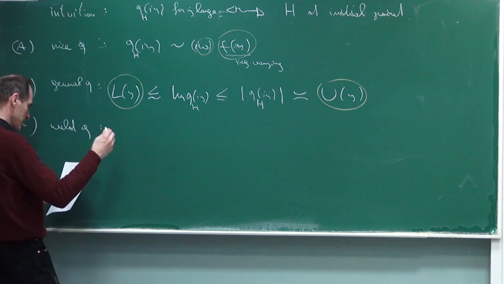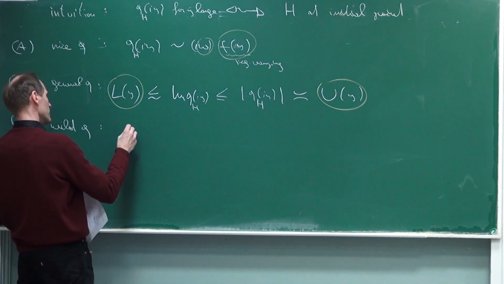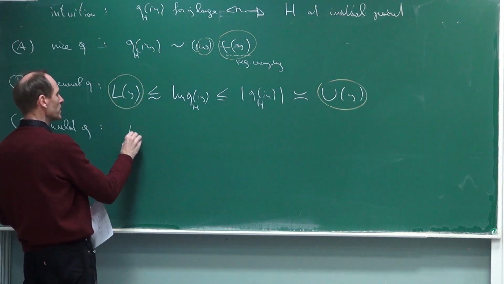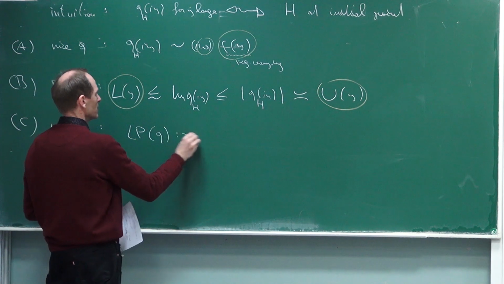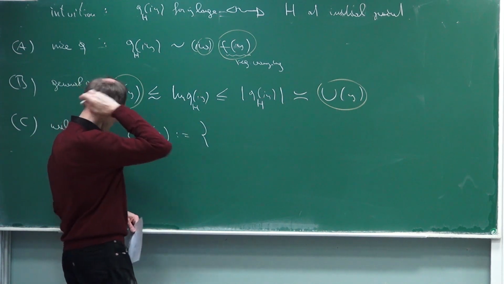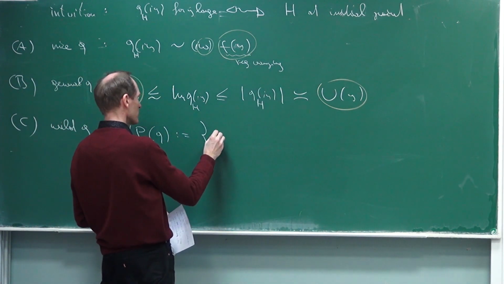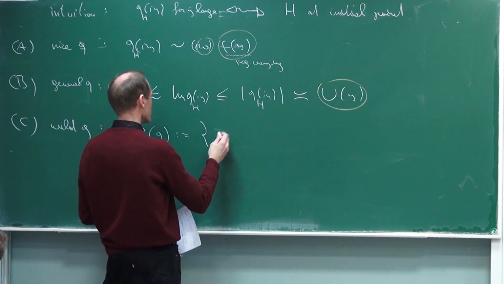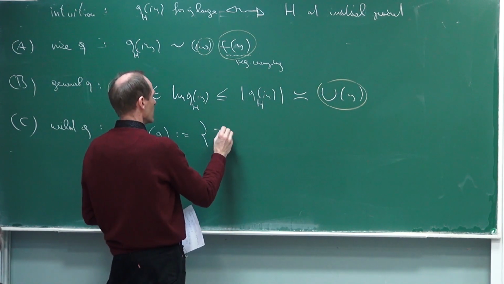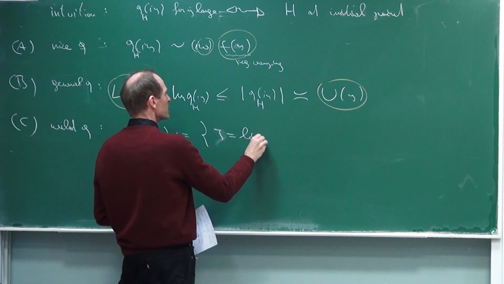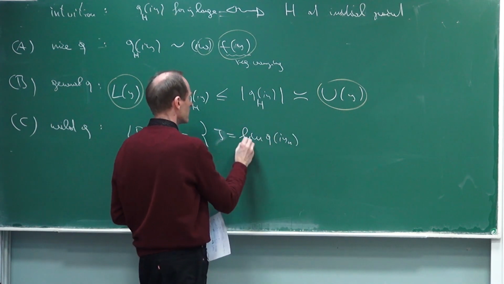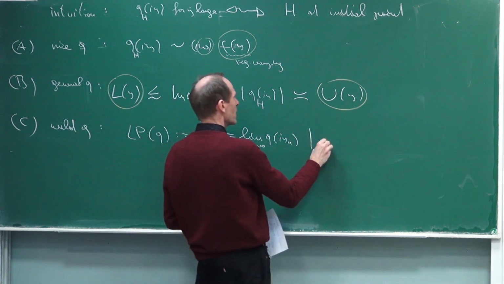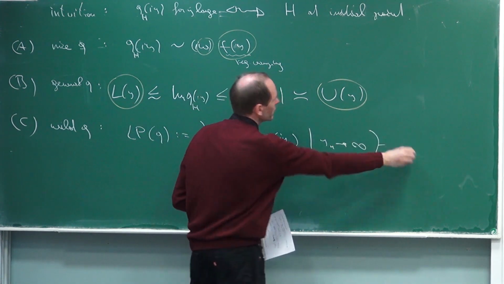If you have a function, then you can look at the set of its limit points, the set of all numbers zeta which you can write as the limit of Q of I y_n, n to infinity, where y_n is some sequence that goes to infinity.